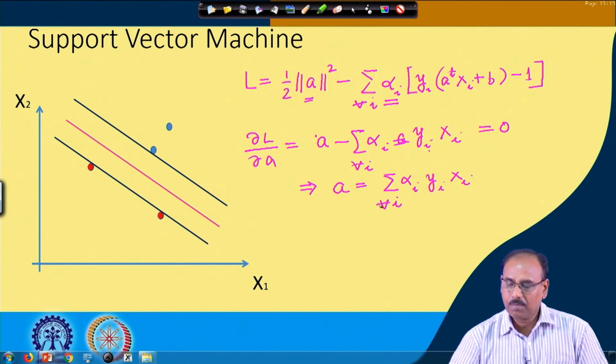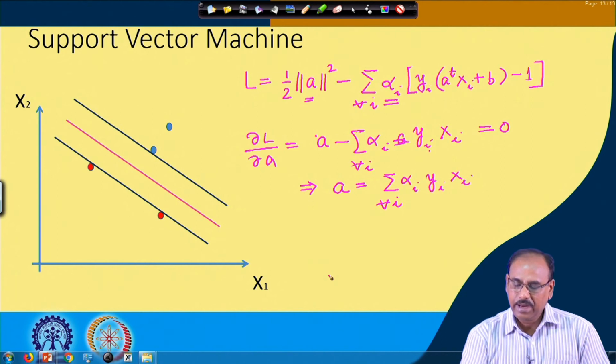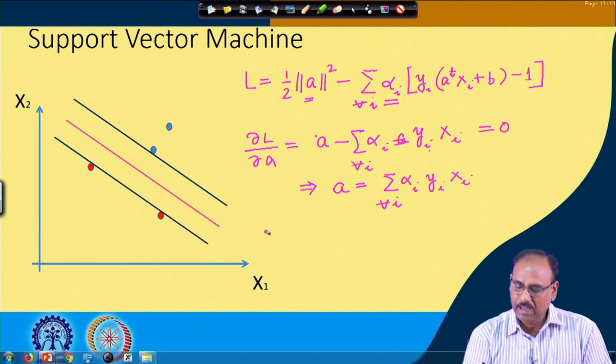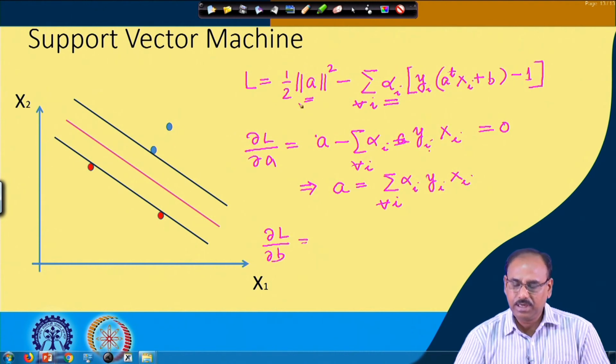In the same manner, if I take the differential of L with respect to B, what do I get? The first term, because there is no B over here, becomes 0.